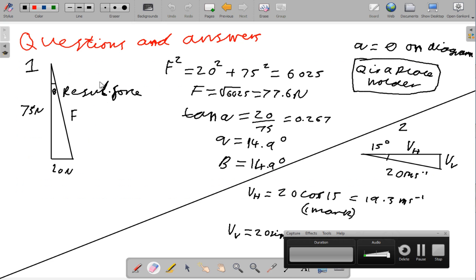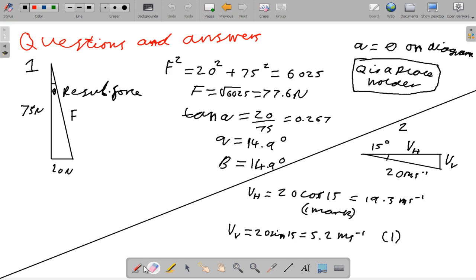So having a quick look at the answers now, we have our 20 newtons force and our 75 newton force. But since the 75 newton weight is going down, I'll just redraw this triangle to have it the other way up. So there's our weight force, there's our horizontal force, and the resultant is the hypotenuse of the triangle.